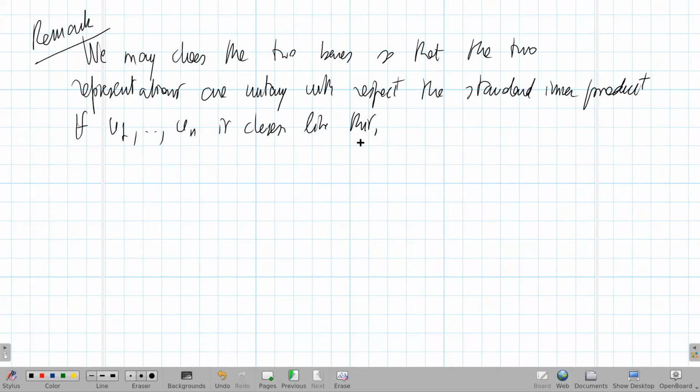And so this means let x, y be two row vectors, so elements of C^n, with respect to this basis.